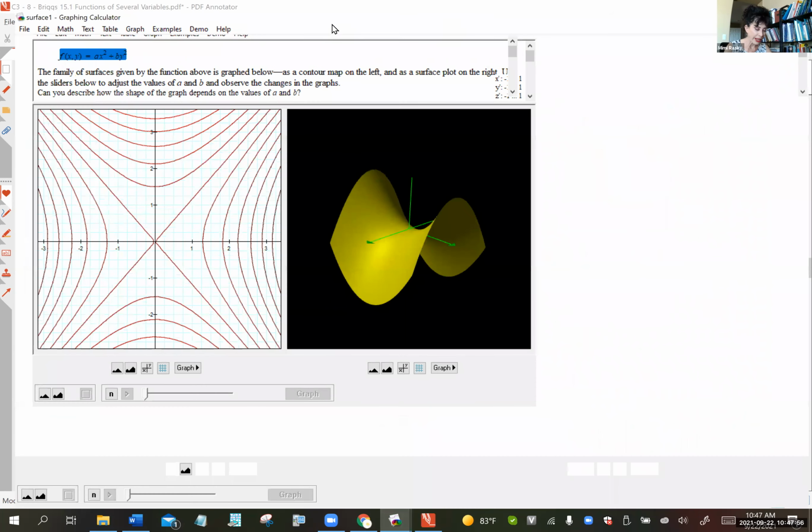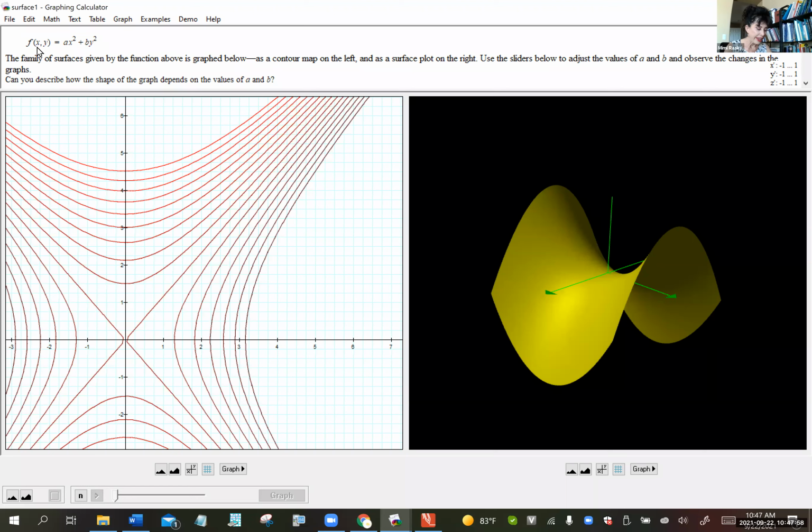On the screen, you'll notice f(x,y) is equal to ax squared plus by squared. If we let a and b be different numbers, the shape of the graph will change a little bit, but the basic look kind of looks like a horse's saddle. I think it's what we call a hyperboloid.